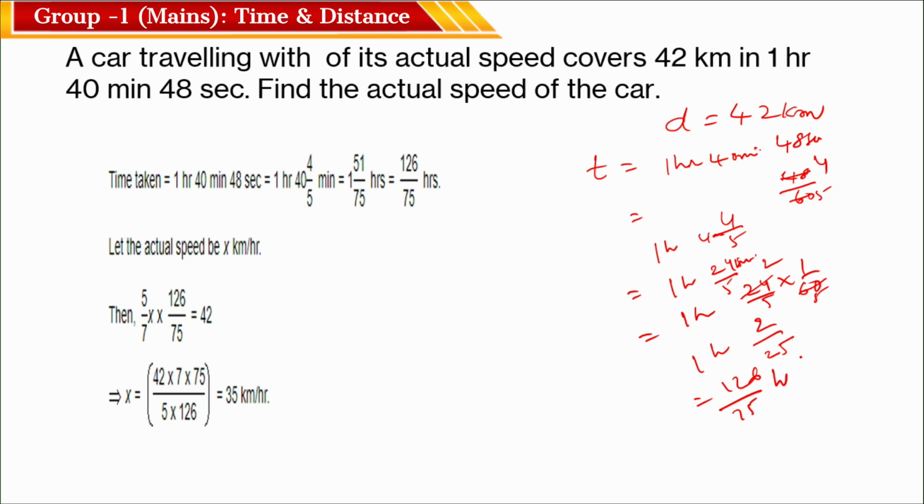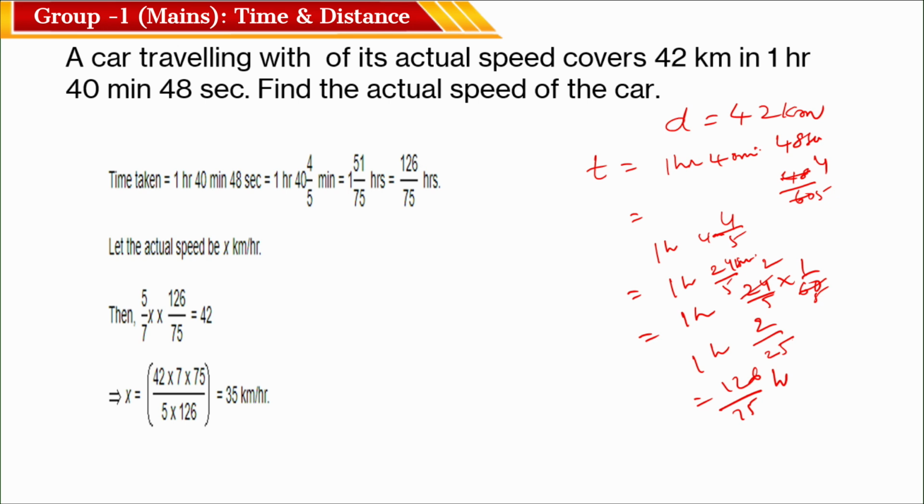So you have to convert, this is very important. Clear? So 4 by 5, by 60, means you can say 126 by 75 hours.